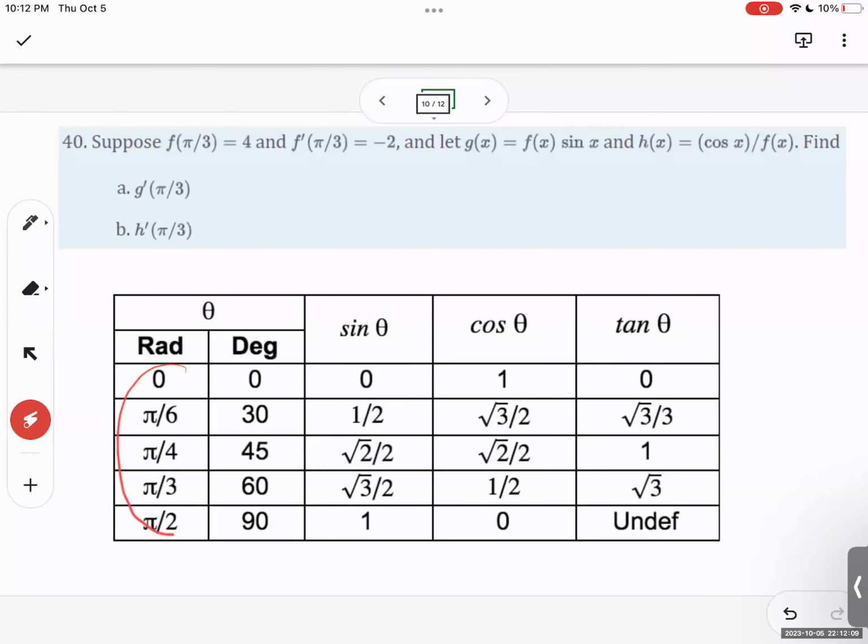So here's radians. We will typically work in radians, not in degrees. Though it's helpful to remember pi over 6 corresponds to 30, pi over 3 corresponds to 60, pi over 2 is 90, and pi over 4 is 45 degrees.